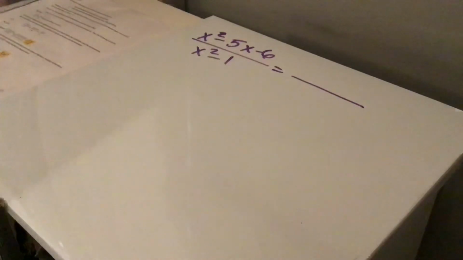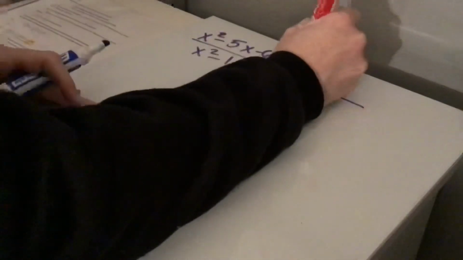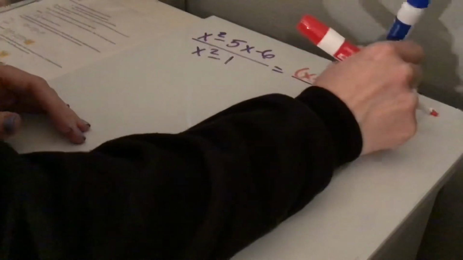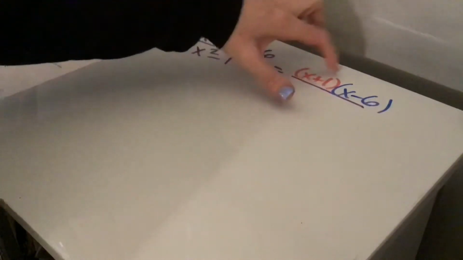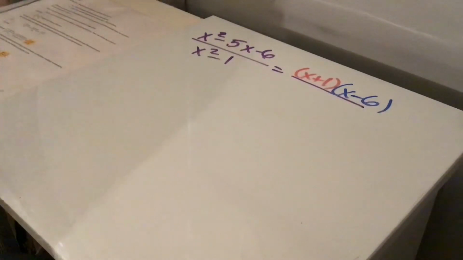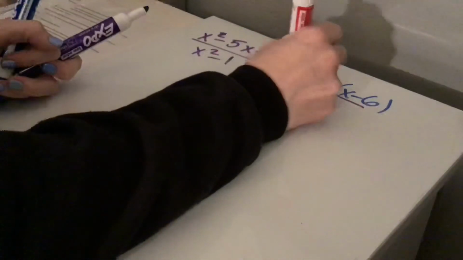I can write that as x plus 1 times x minus 6, because 1 times negative 6 is negative 6, and 1 plus negative 6 is negative 5. Then the denominator is the difference of two squares, so that's going to be x plus 1 times x minus 1.